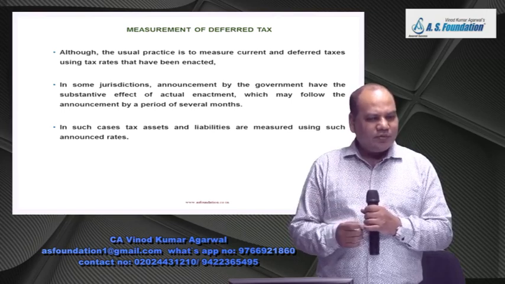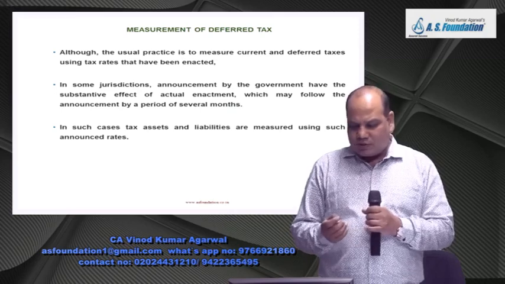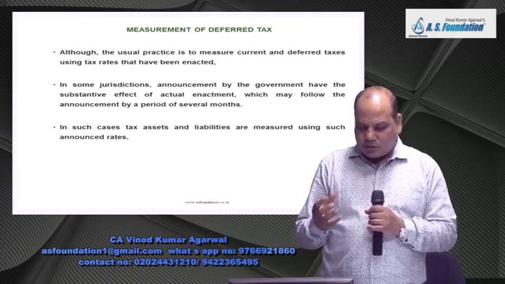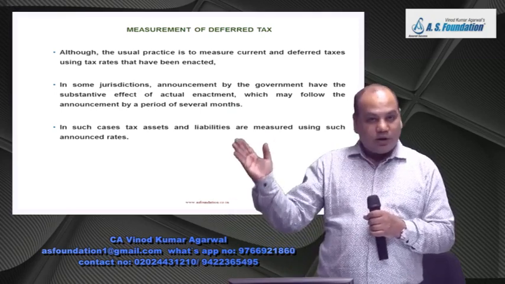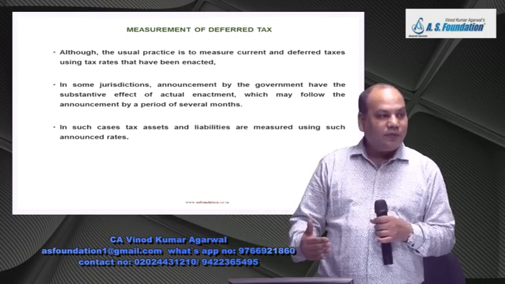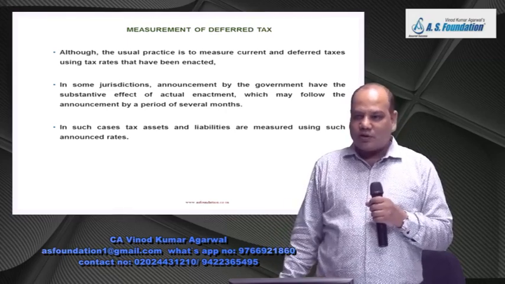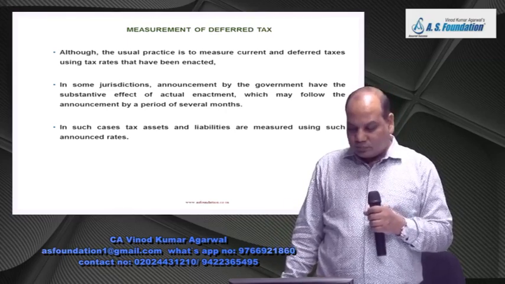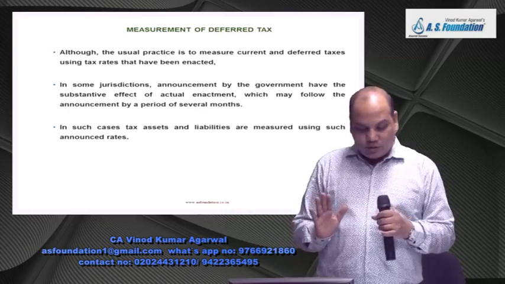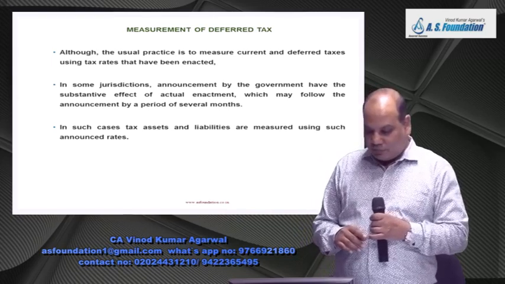Cess changes. There is a minor change in cess, so that is a very small number. But earlier the tax rate used to change so much. It was 40%, then it became 35, then 30, and for the last so many years it is 30%. Anyway, my duty and your duty is to understand which rate you will apply.